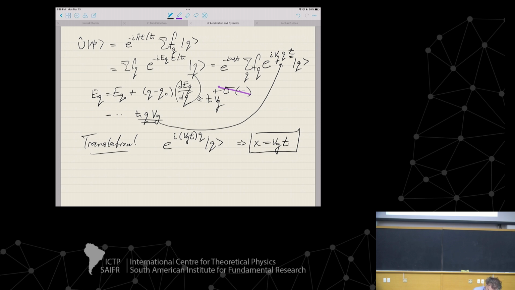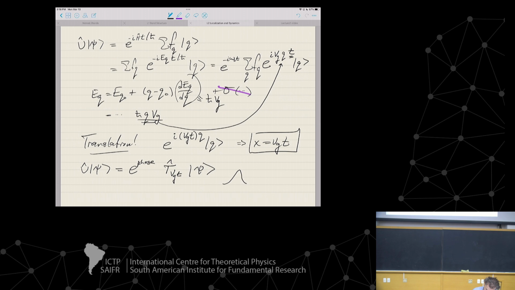Okay, so I'm showing you that in this approximation, if I time evolve the wave packet, I get some kind of overall phase that doesn't matter much, and then I get a translation at v group times time times the original wave packet.